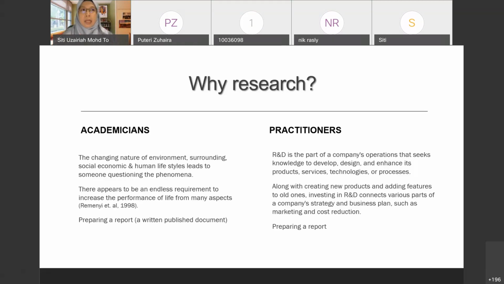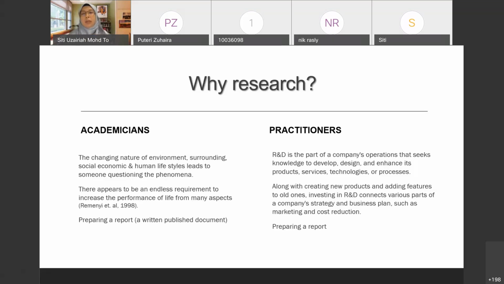So this might be a little difference. However, an academician always tries to equip themselves with new knowledge by surveying this literature, as well as trying to solve problems from the practical side, from the industry, for example.